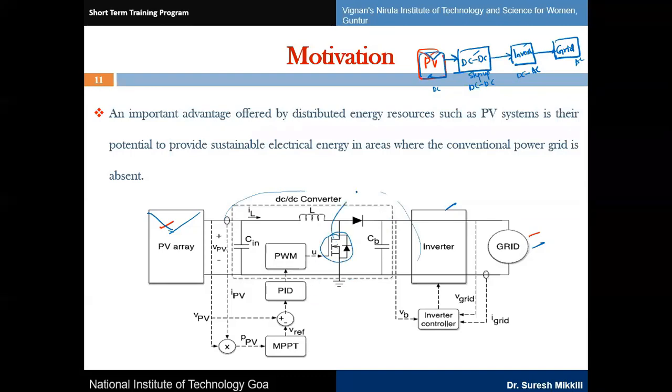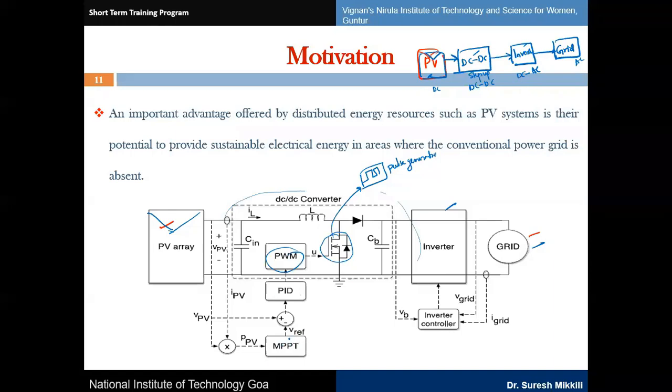In the switch, earlier we provided pulses with the help of the pulse generator. In the boost converter, with the help of a pulse generator, we gave the pulses. Whereas here, with the help of the PWM scheme, a PID controller, and MPPT techniques, these pulses will be provided.